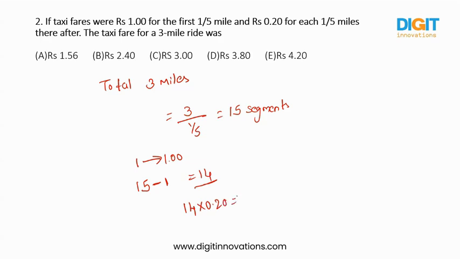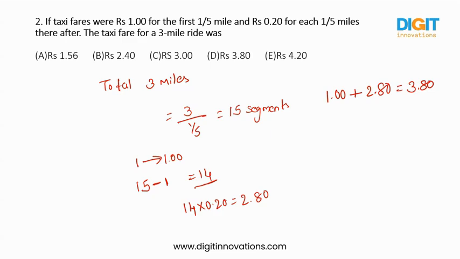The value you get is 2.80. So for the first it is 1.00, and for the remaining 14 it would cost 2.80. In total it is 3.80. For the whole 3-mile ride, it would cost 3.80 rupees.